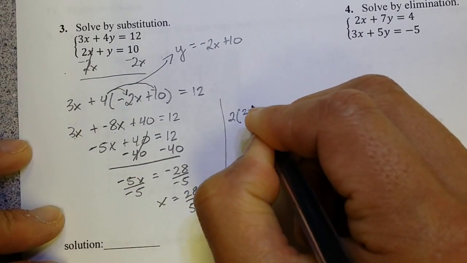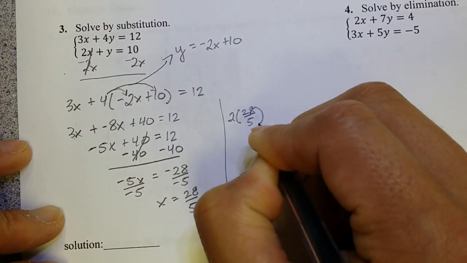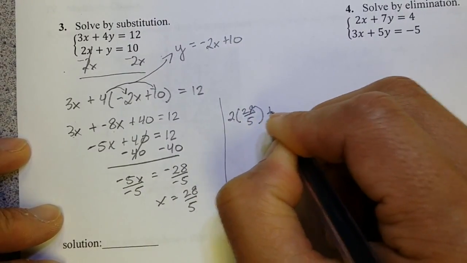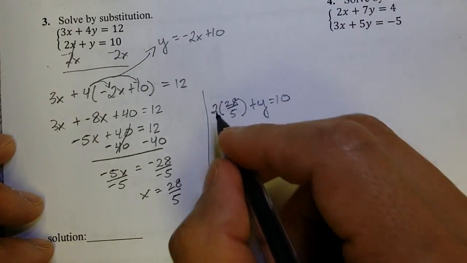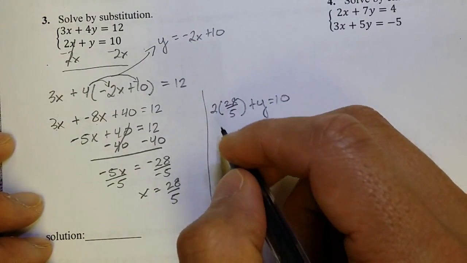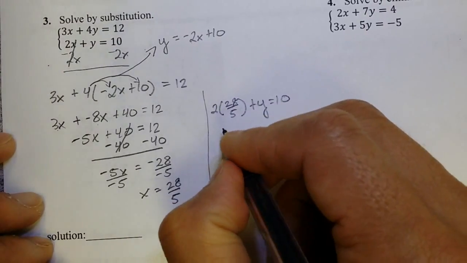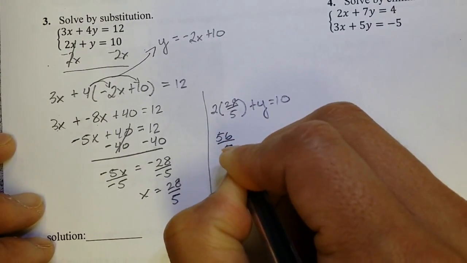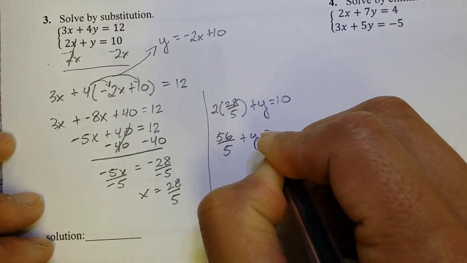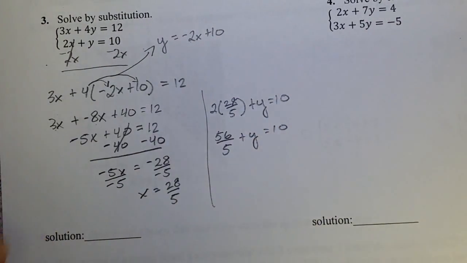So 2 times 28 over 5 plus y equals 10. Now 2 times 28 over 5, if you put it in the calculator, you should get 56 over 5 plus y equals 10.